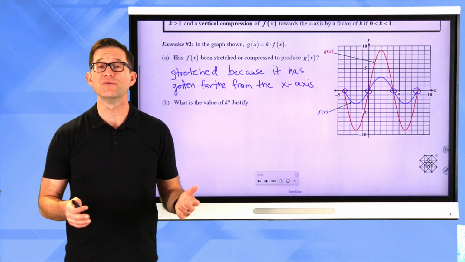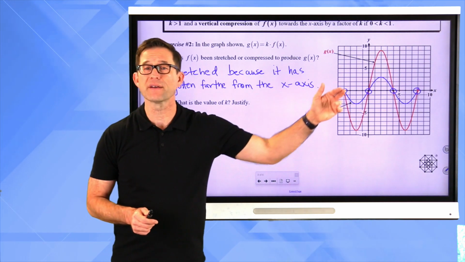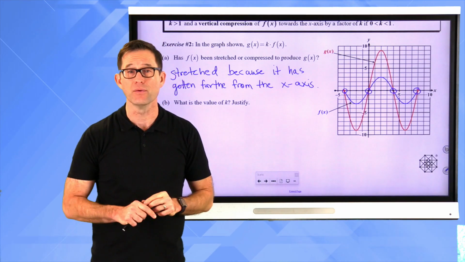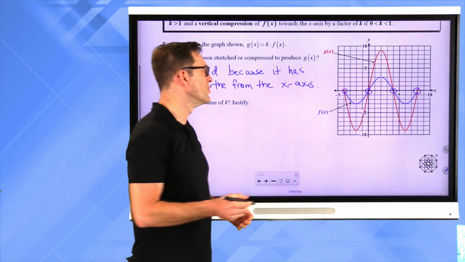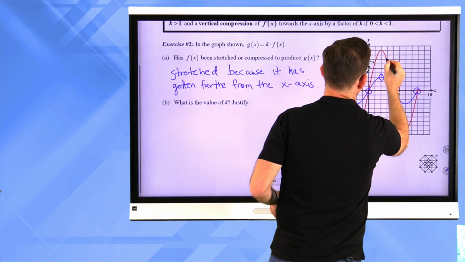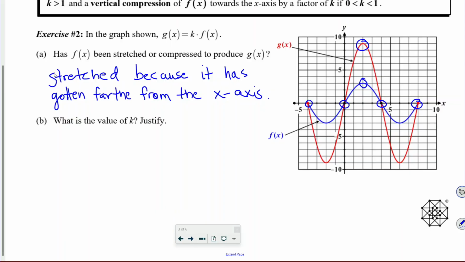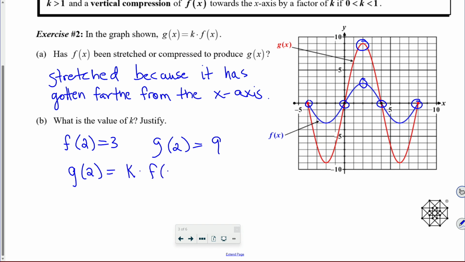Well, you can really use any 2 points that lie on f of x and g of x that have the same x value and that are kind of nice. So probably the easiest thing to do is look at this point and this point. On f of x, we know that f of 2 is equal to 3. We also know that g of 2 is equal to 9, and that g of 2 must be equal to k times f of 2.